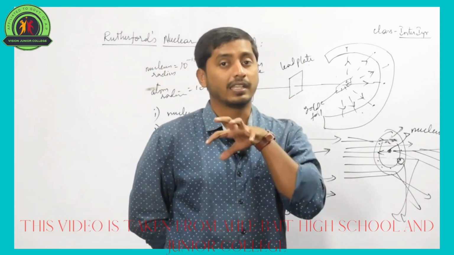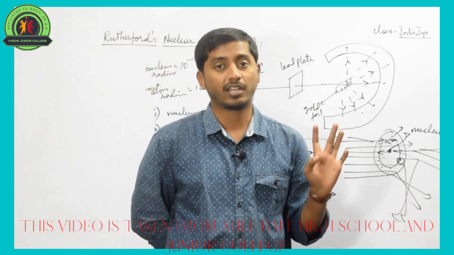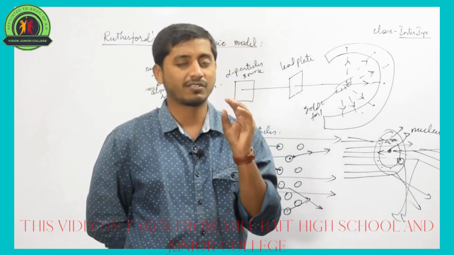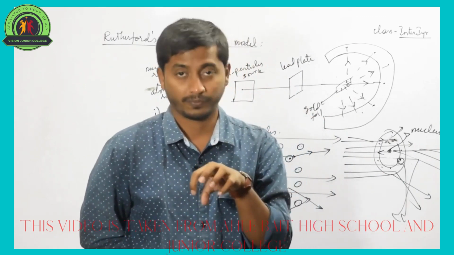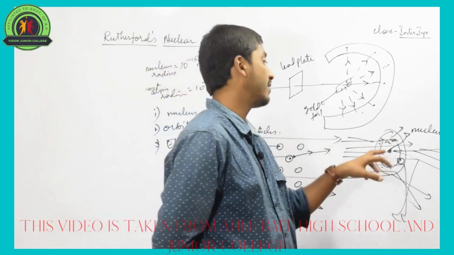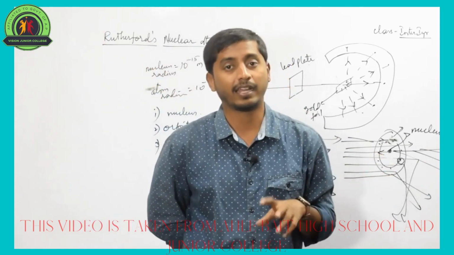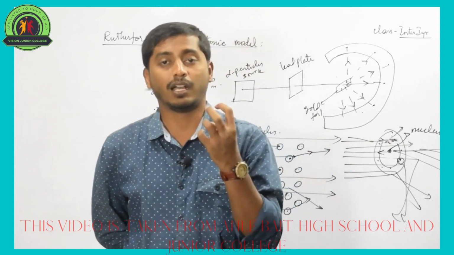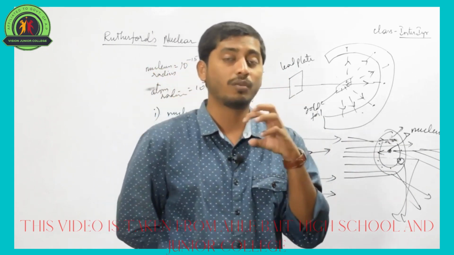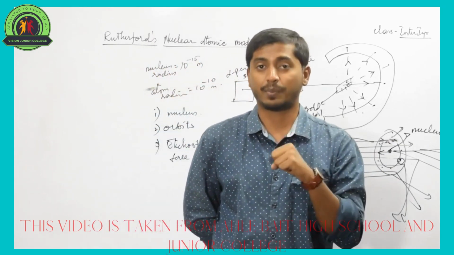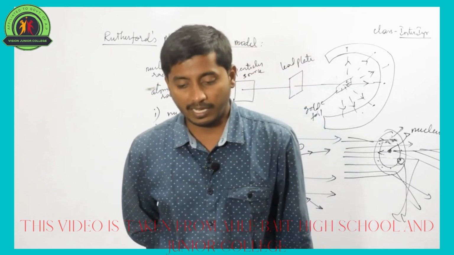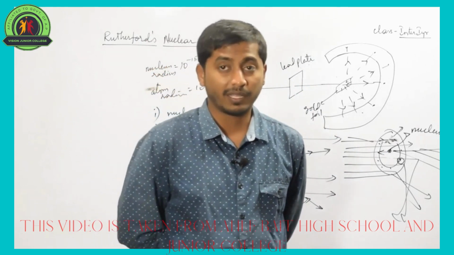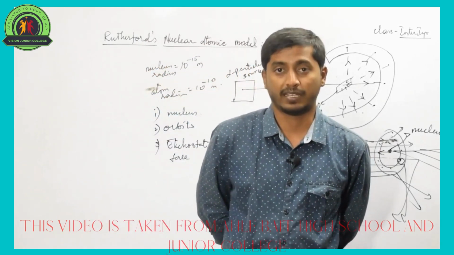He told that the positive charge is not uniformly distributed, there is only positive charge at a fixed point, that is, in a fixed place. Is it clear? He named it the nucleus, right. A nucleus is a place where the whole positive charge and the whole actual mass of an atom is present, except electrons. Is it right? Similarly, that will be the defect of Thomson's model, isn't it?